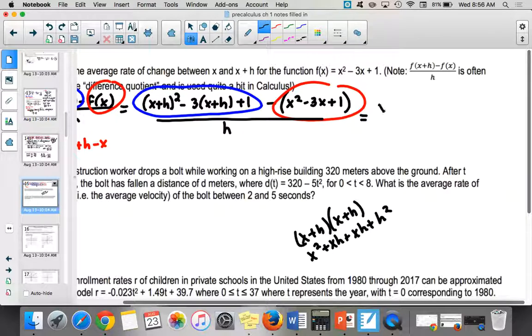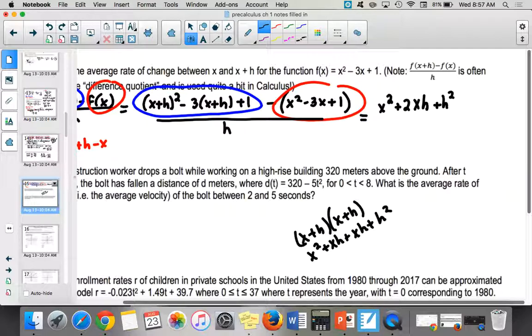Okay, do we see that we get x squared plus 2 of those xh terms, right? xh and hx, so you can call them both xh or hx, it doesn't matter, plus h squared. You guys with me? That was just this part.